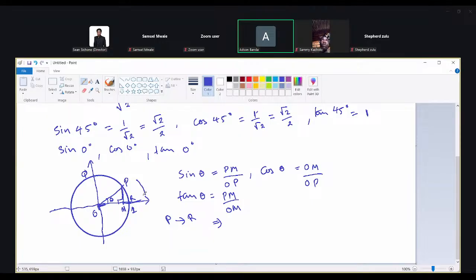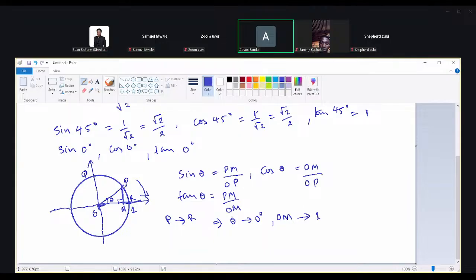So imagine yourself, you are moving from the point P and you are coming to R. There are some changes that take place. The first change is that theta will be tending to 0 as you approach R from P. And the second thing that you are going to see is that the length OM will be approaching 1.